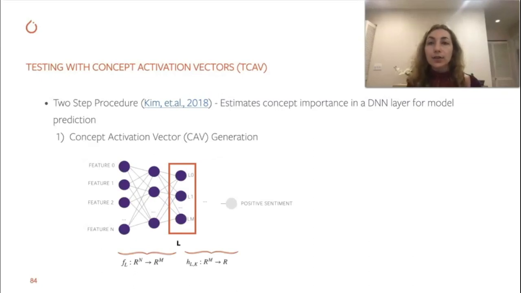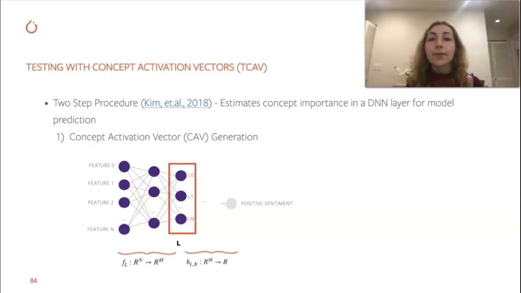First, let's understand what CAV means and how we can generate them. Let's assume that we are given a multi-layer neural network that performs classification. In this example, we have a deep neural network that takes input features and produces a prediction score.